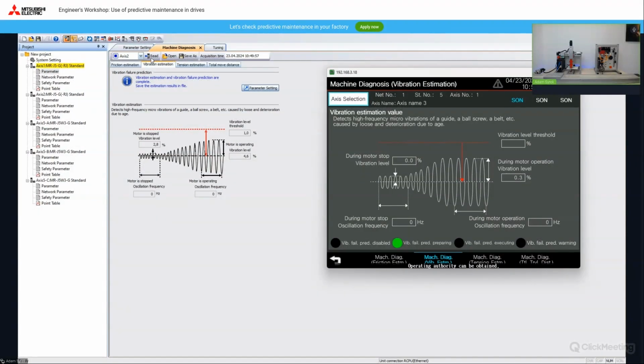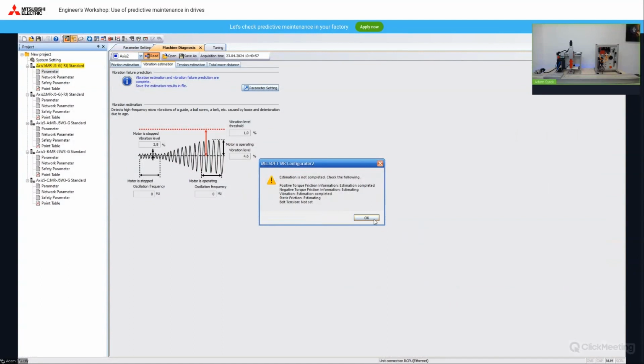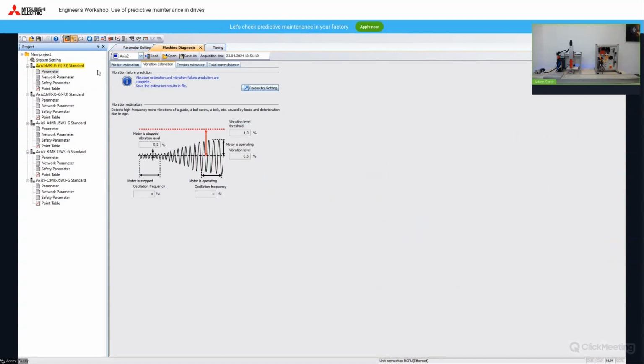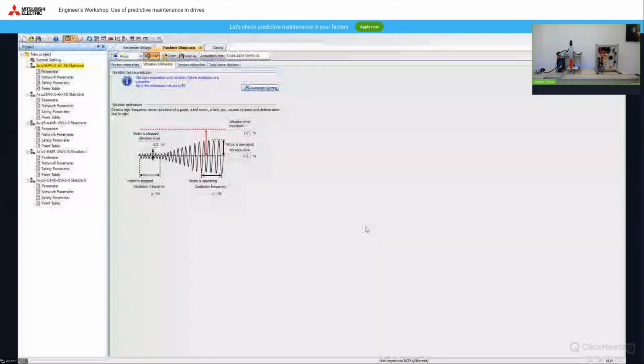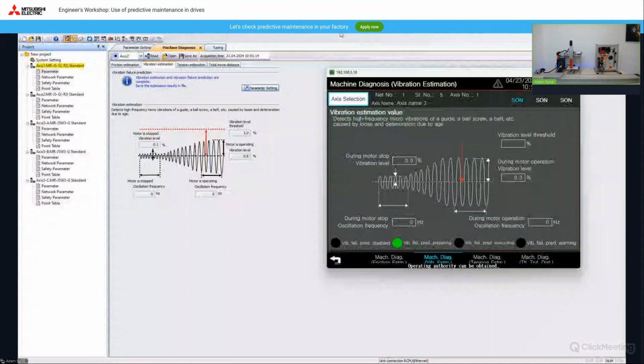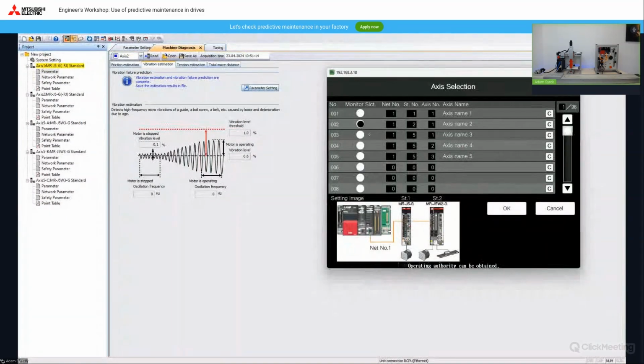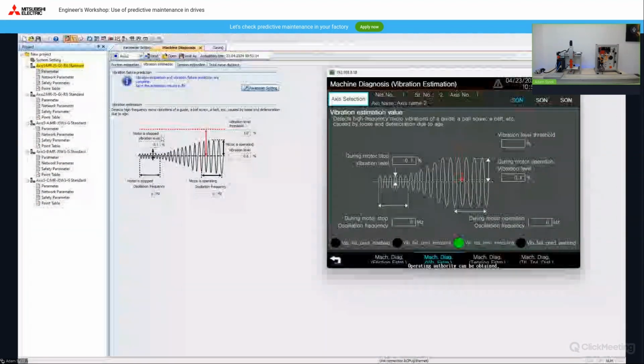In MR configurator, we have to refresh this data from time to time to read the current values. In case of the HMI, I need to select the proper axis, axis number 2. We see these values online. Yeah? So we don't need to refresh this data. We see these values online.